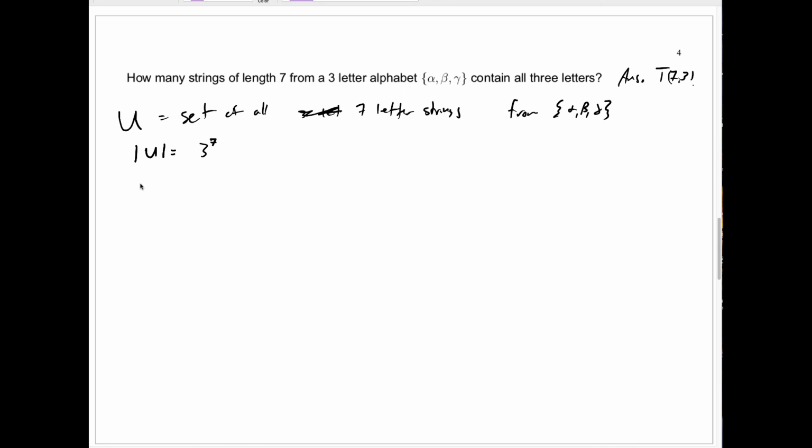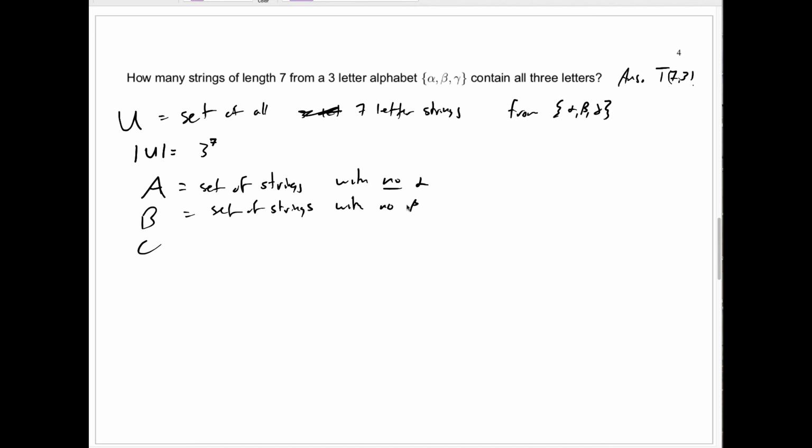Now, what are our individual sets? Our individual sets will be the sets A, B, and C, where A will be the set of strings with no alpha. B will be the set of strings with no beta.